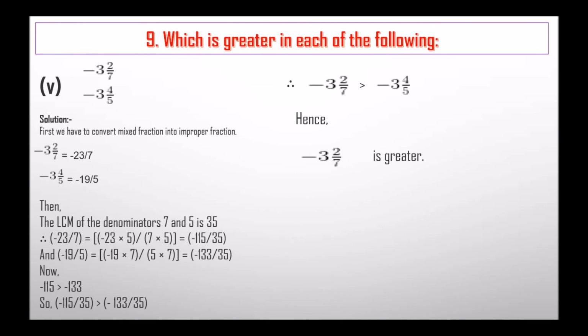We can convert them into improper fractions first. So we will get minus 23 upon 7 and minus 19 upon 5. Now we will find the LCM of the denominators 7 and 5, that is 35. So we will get minus 115 upon 35 and minus 133 upon 35. So we can say that minus 3 and 2 by 7 is greater.